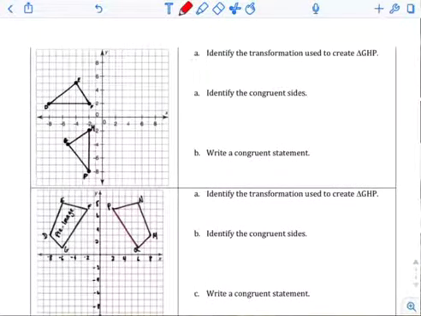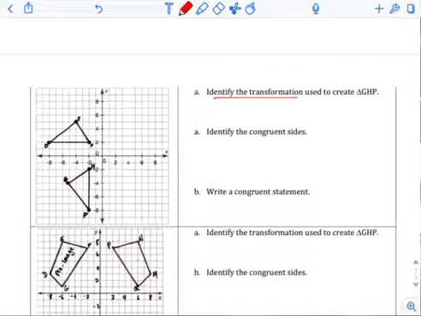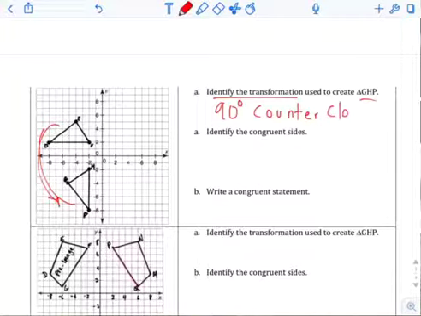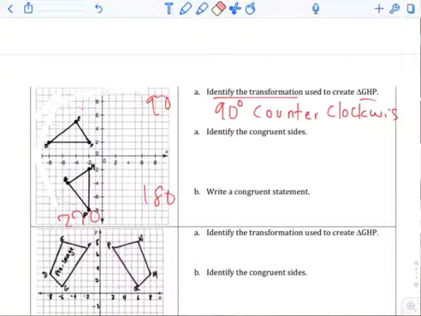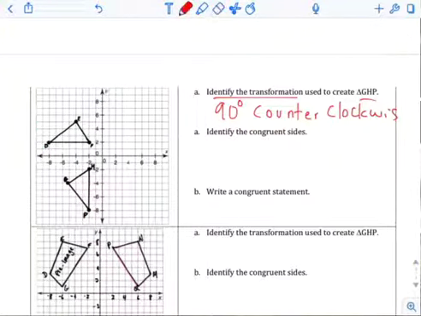I'll tell you, identify the transformation. This is 90 degrees to here. So counterclockwise, 90 degrees. Or 180, 0, 90, 180, 270. Oh, 270 clockwise. Okay, and then congruent sides.